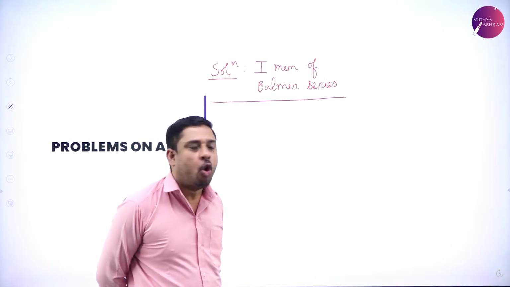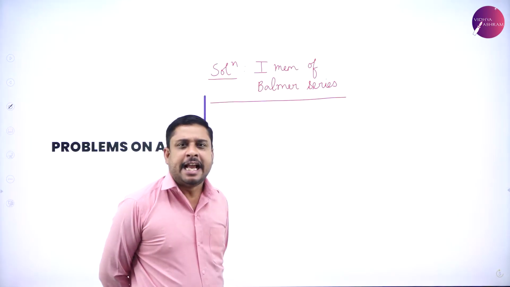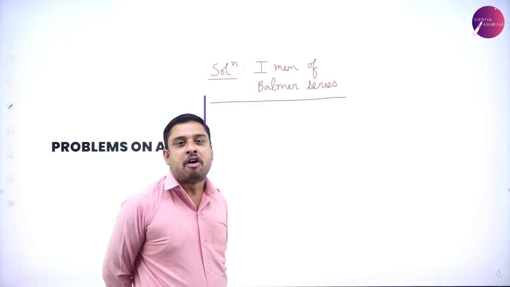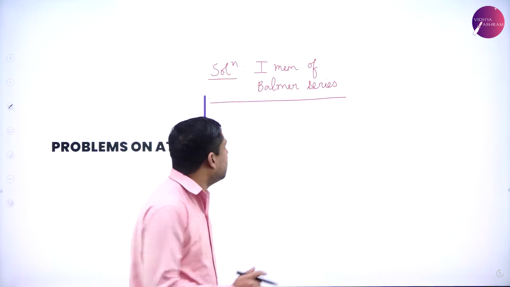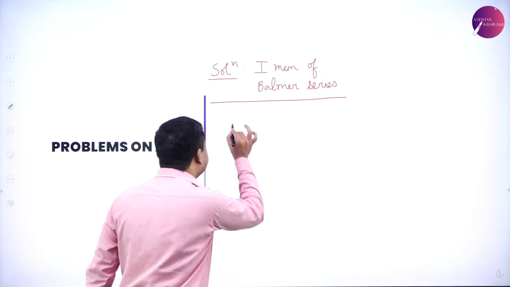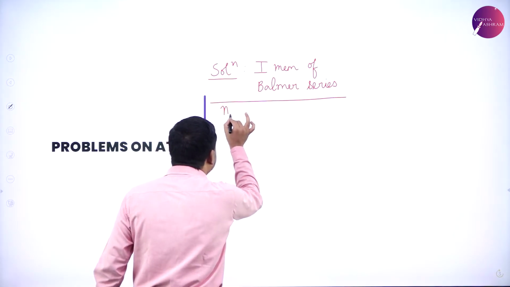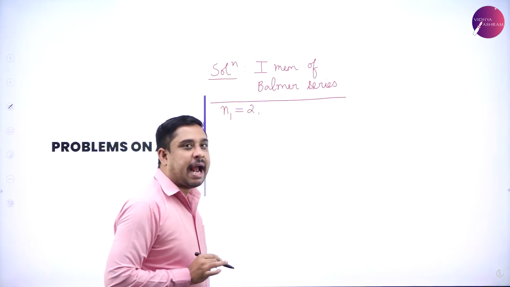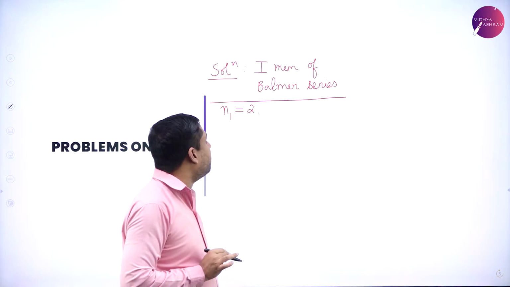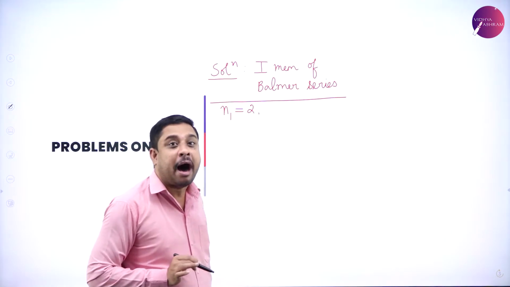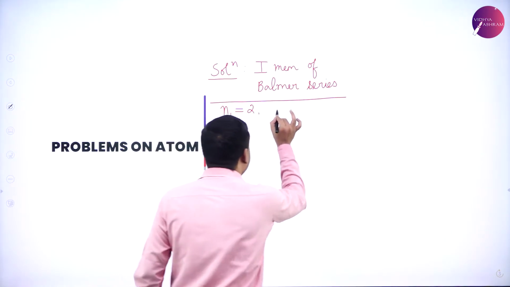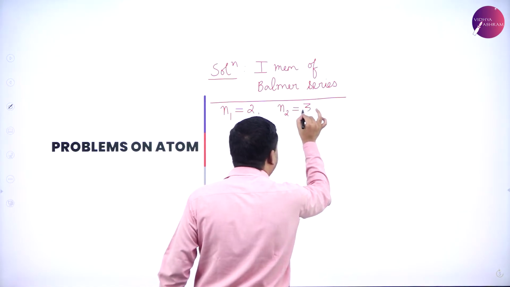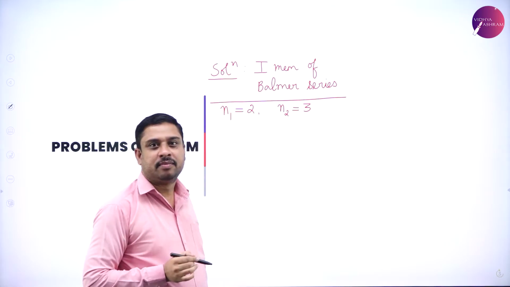And again, as I told, the N1 value is always fixed for a given series. So this is Balmer series. So N1 is 2. And it is the first member of Balmer series, which means N2 is equal to 3.